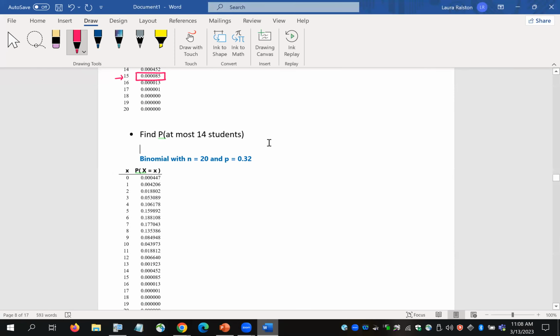So another way to view this of at 14 students is you have the probability that X is less than or equal to 14.